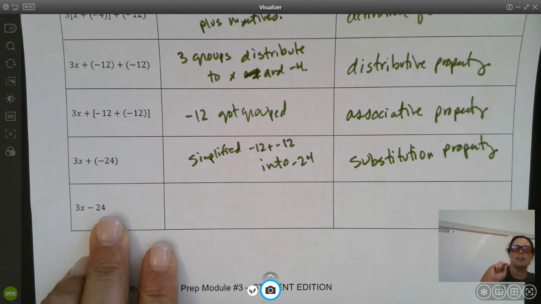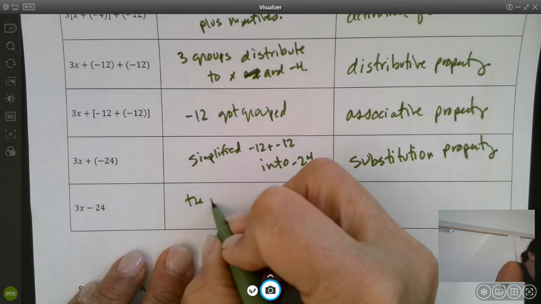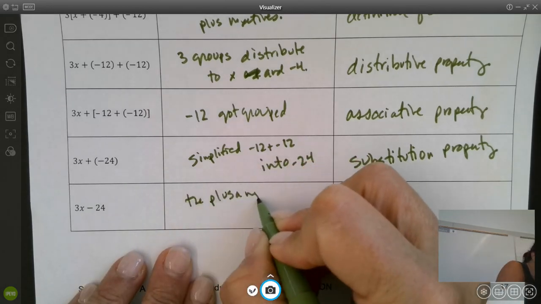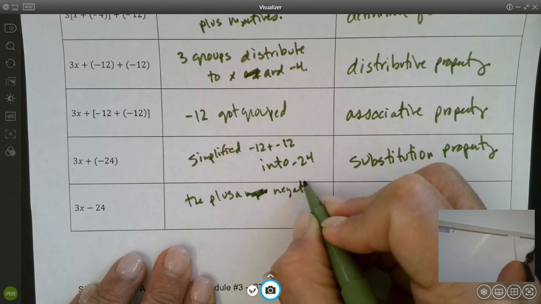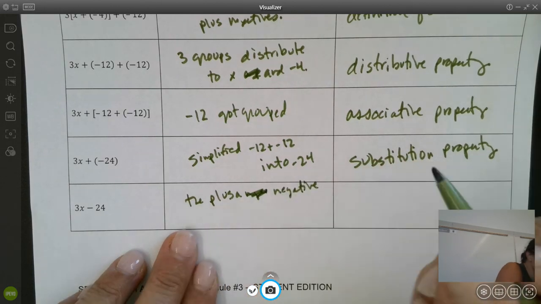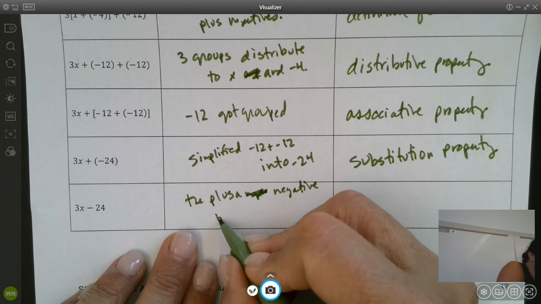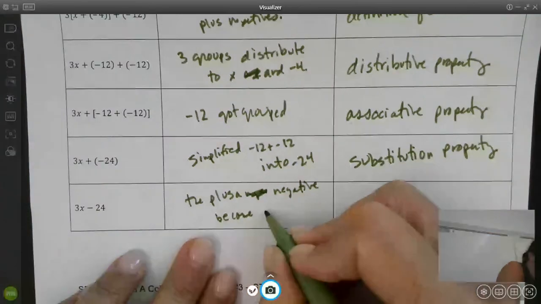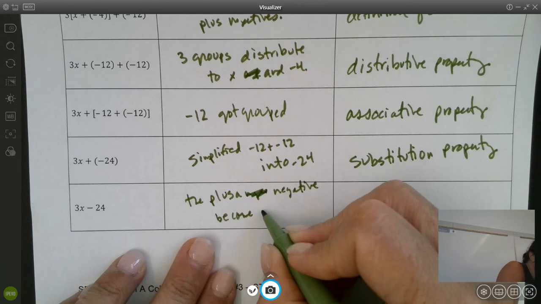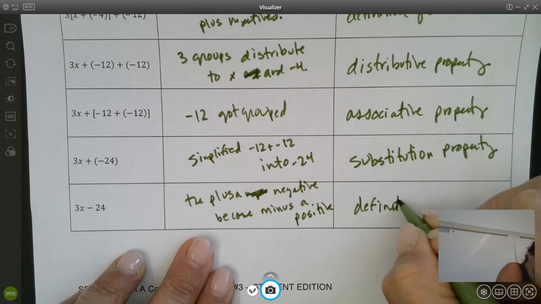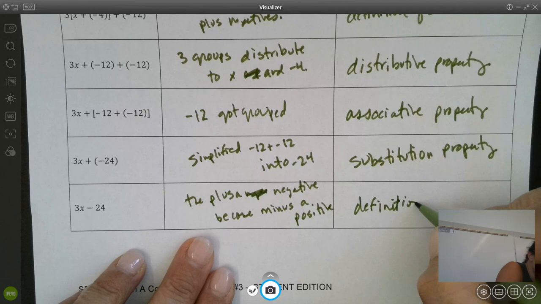That's the definition of subtraction reversed. The plus a negative became minus a positive. Definition of subtraction.